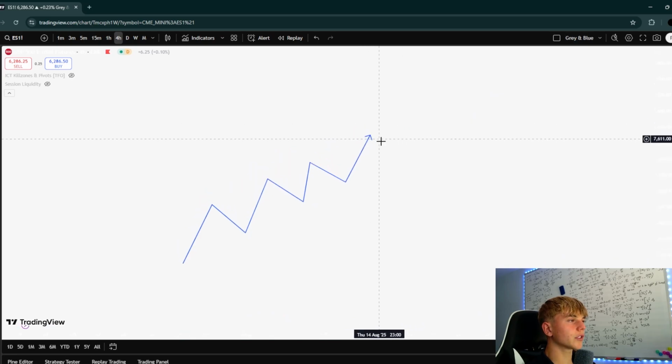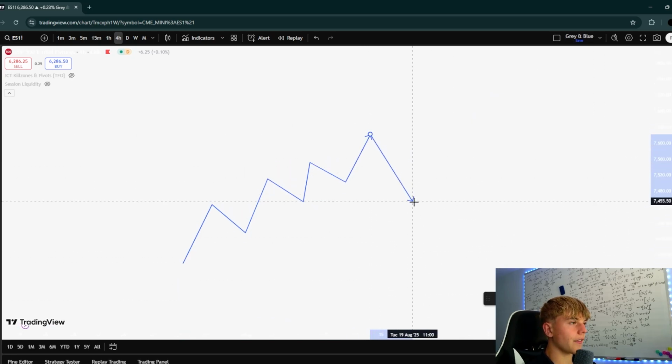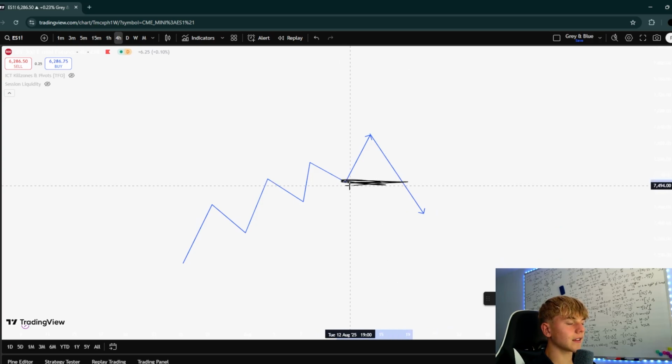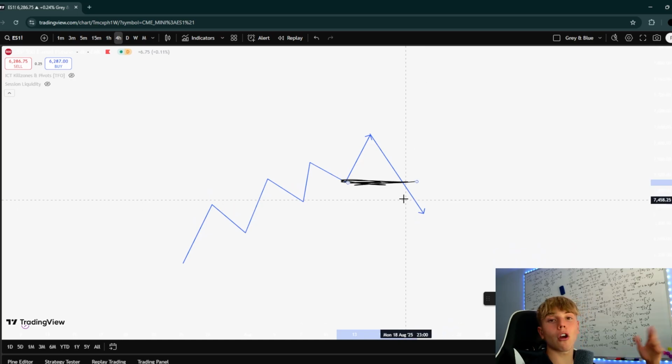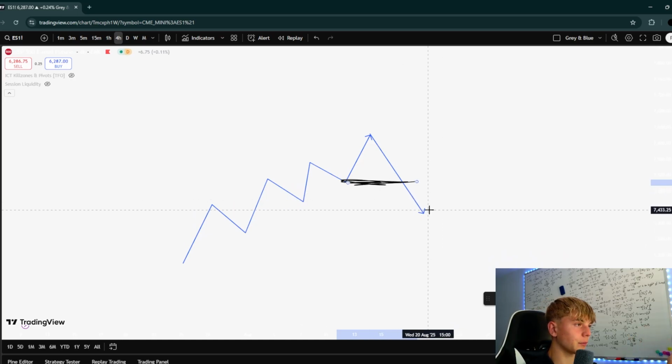If price all of a sudden breaks this trend and comes below a previous low, you would say that the market structure has shifted or the market flow has changed direction. And this indicates that price is maybe going to start a new downtrend in this example, and price is no longer going to be following in the same direction as before.